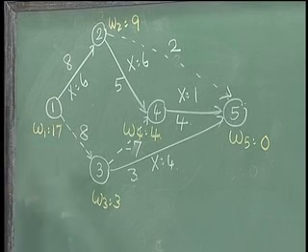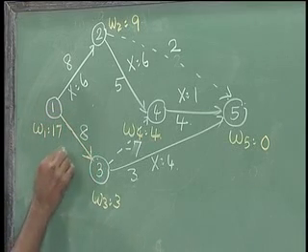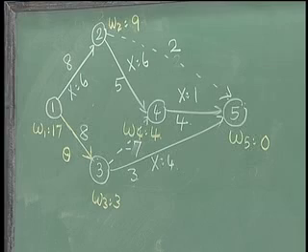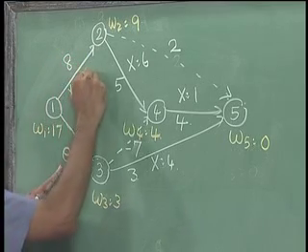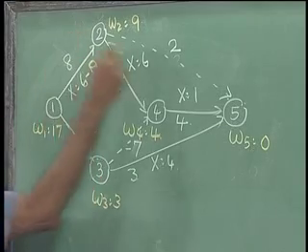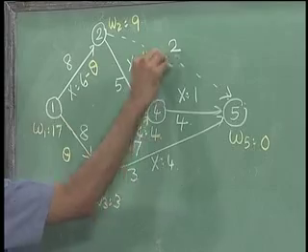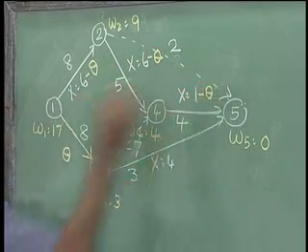So, we enter the variable x13 into the basis with value equal to theta. When we have a theta coming here, automatically 6 will become 6 minus theta. So, 6 minus theta will come out, 6 minus theta will come out, 1 minus theta will come here.